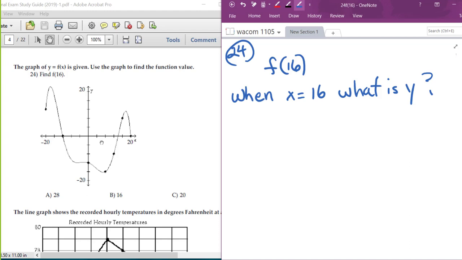Let's see, 5, 10, 15, no, it's not 5. Each unit is going to be 4. Each tick is going to be 4. So 4, 8, 12, 16. So here is our 16. Looks like the same scale going up through here. So it would be 4, 8. Right? So when x is 16, y is 8.